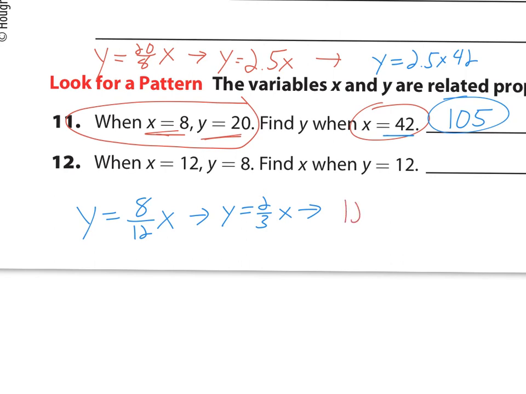So that would be 12 is equal to 2/3 x. To solve for x here, this is that last step of any algebra problem. We're going to have to divide by 2/3. That is a calculator problem. 12 divided by 2/3 gives you 18. That one's a little bit tougher because we have to divide by a fraction.